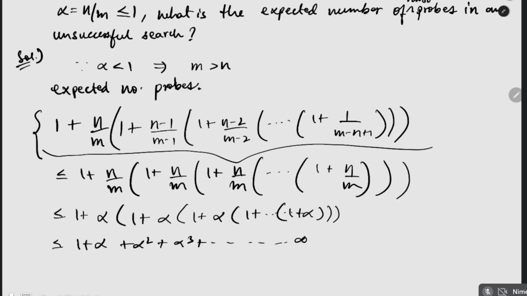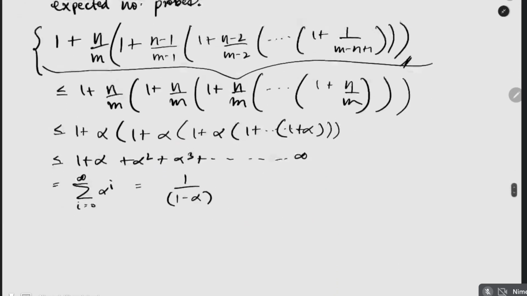Because we are assuming n and m are arbitrarily large. So this is basically a geometric series, and its value is 1 over 1 minus alpha, right?